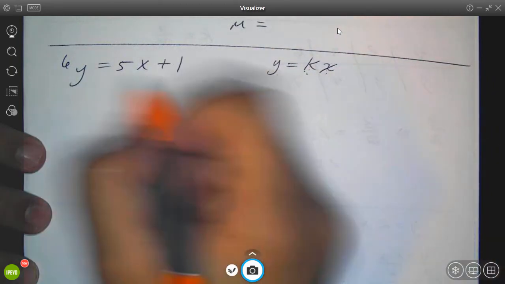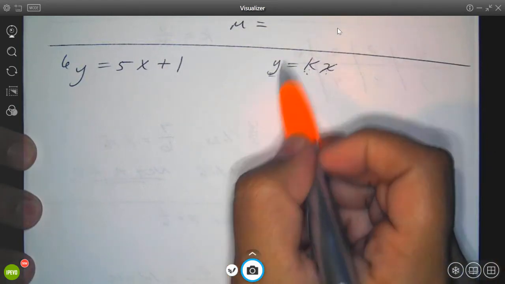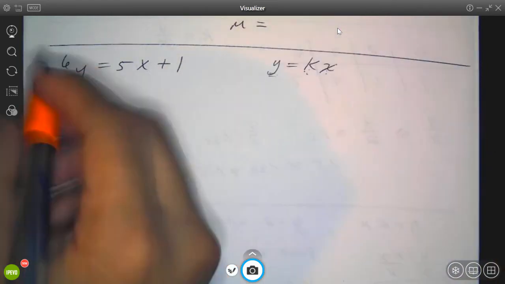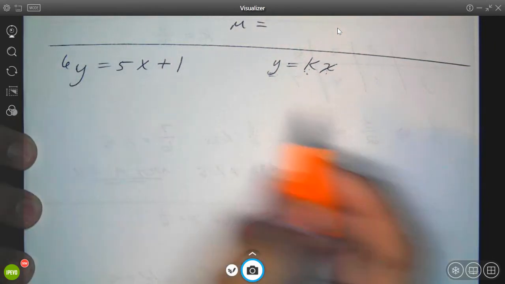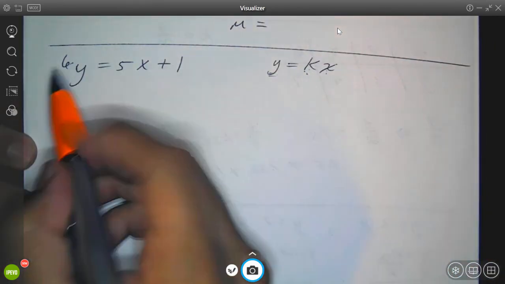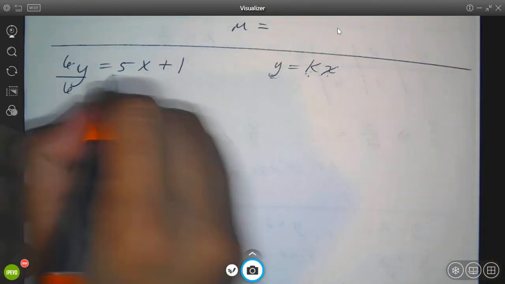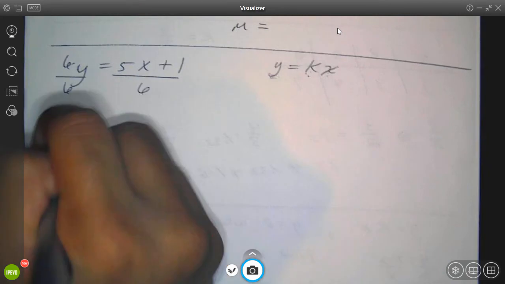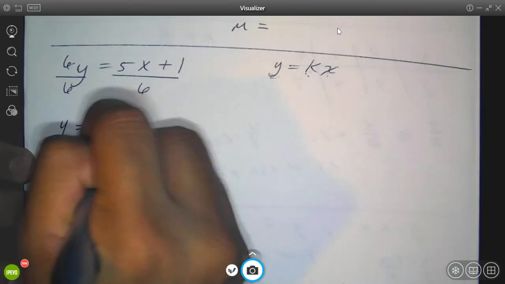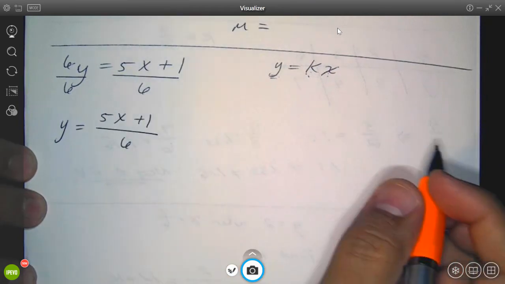When we look at this, the first thing we want to do is get it to y equals, because a direct variation must be y equals. Here, we're multiplying 6 times y, so to get rid of that multiplication by 6, I'm going to divide by 6. I get y equals (5x plus 1) over 6.